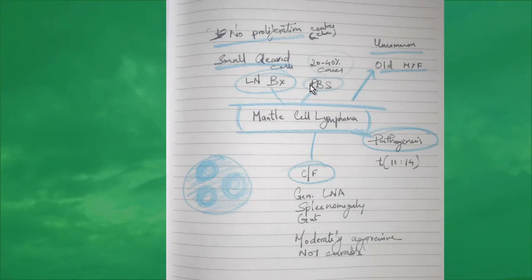And not exactly very rarely, 20 to 40% of times they do come out in peripheral blood, present as leukemia, just like CLL. So it is a differential for CLL.